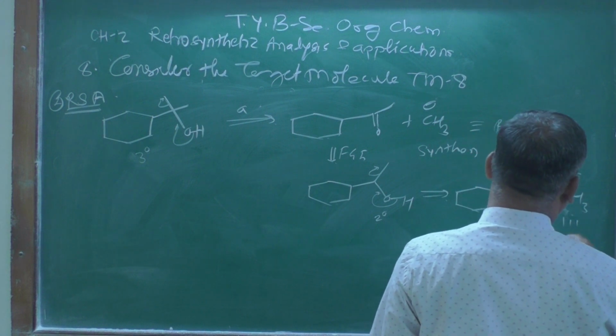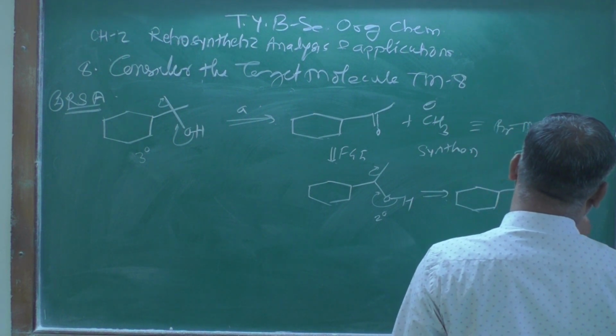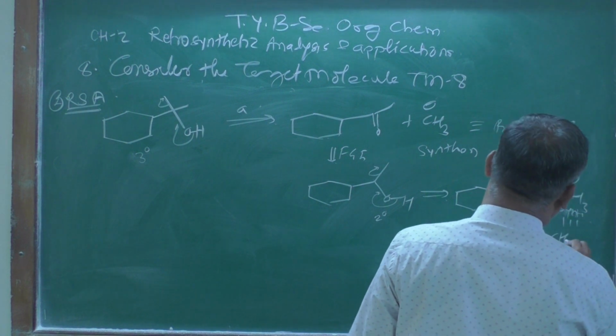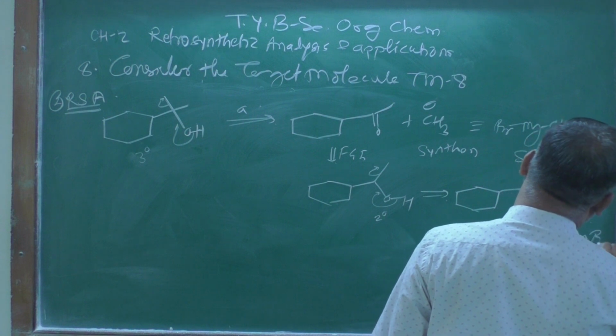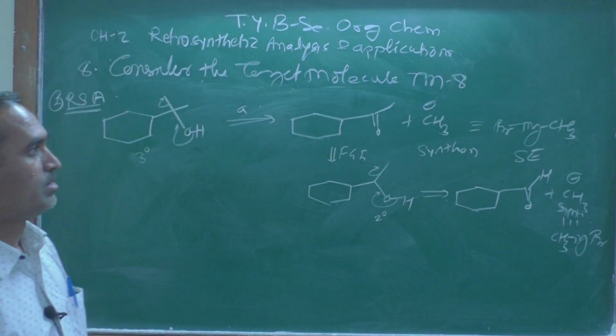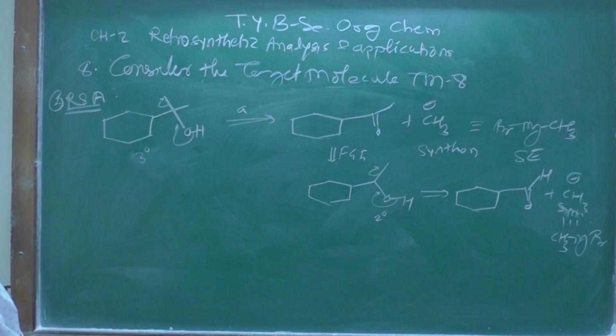That synthon must have a synthetic equivalent, CH3, Mg and Br. This is one way of doing the retrosynthetic analysis.